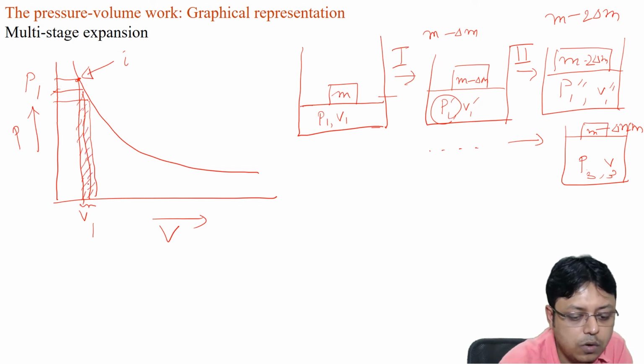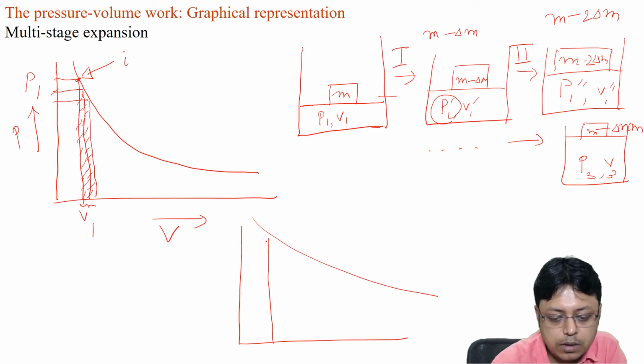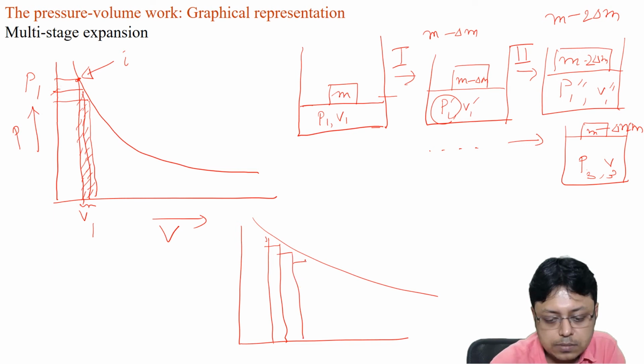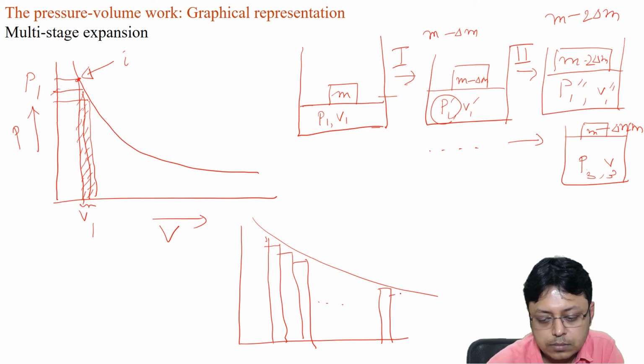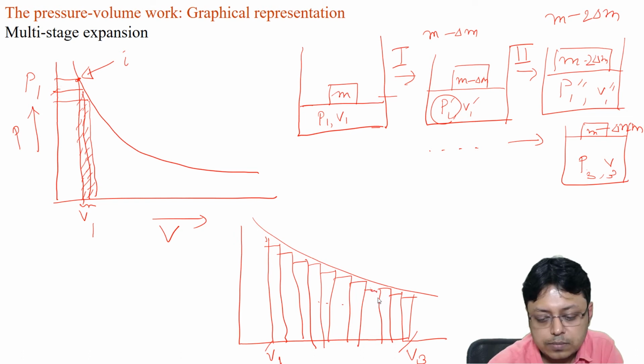So you can see overall, I will see a curve for the work done by the gas like this. This is the same initial volume, say V1, and this is the same final volume V3. But now the area under the curve is very interesting.